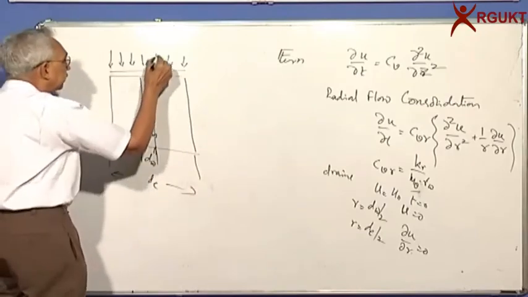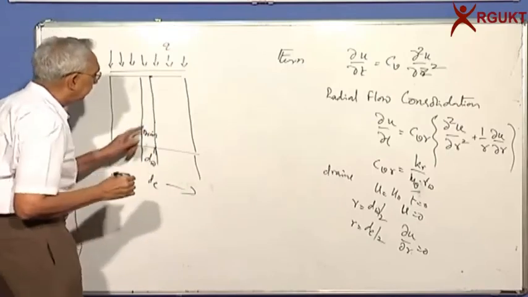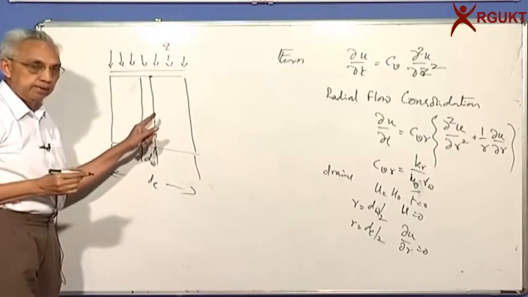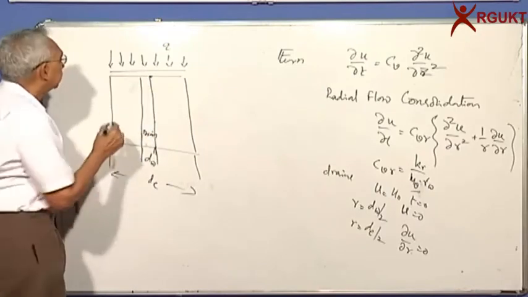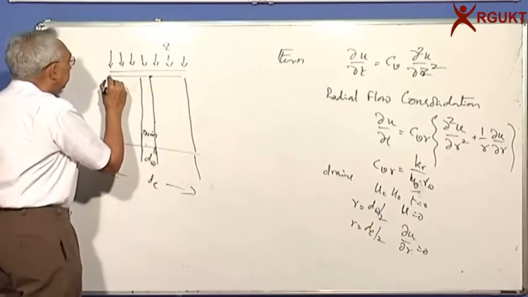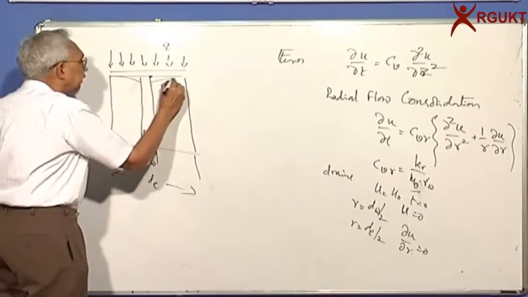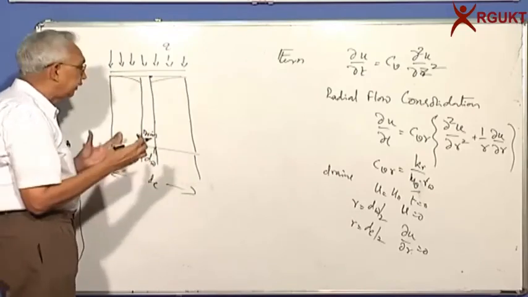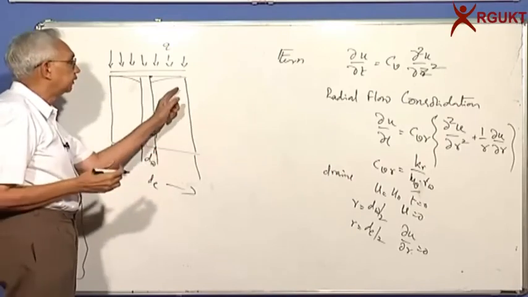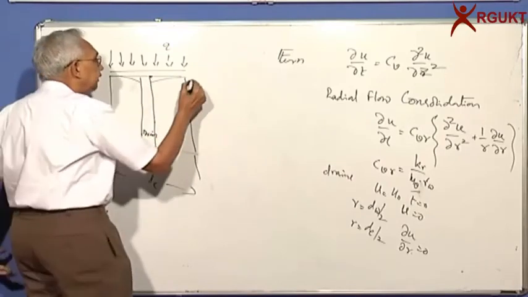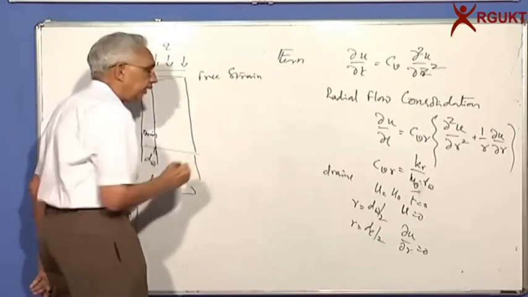As we apply the load Q, the consolidation will be very high here from T equal to 0, because this is very close to the drainage boundary. So we have a situation where the settlements can be more at the drain and less far away, because it will take time for the pore pressure to travel from here to here. This is called a free strain case.